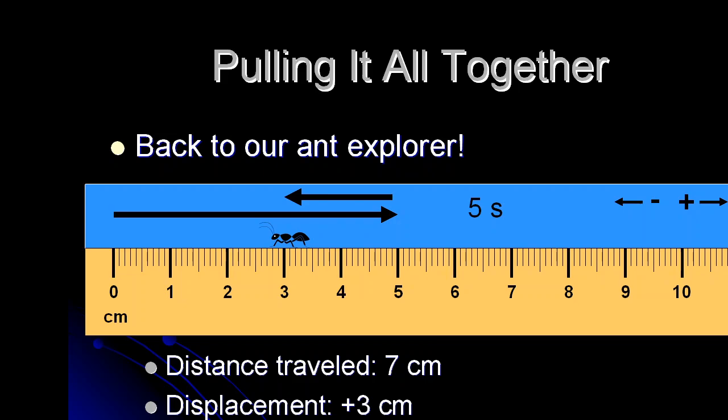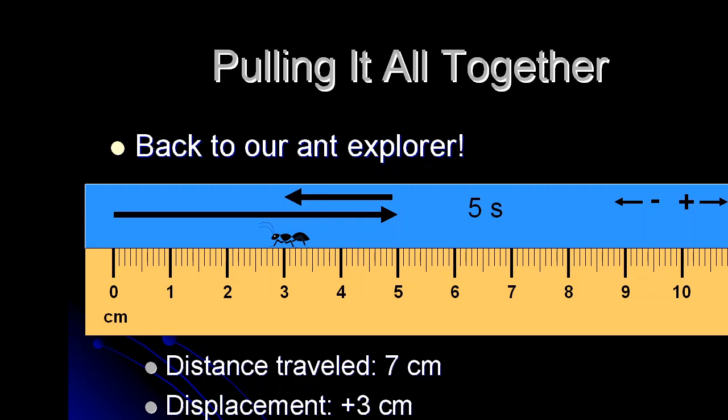Nothing's changed there. But now we can calculate his speed because we know the time it took him to do this. His speed is that distance, 7 centimeters, divided by that time, 5 seconds. We get 1.4 centimeters per second. If you want to be a real stickler on sig figs, it'd round down to 1 centimeter per second.